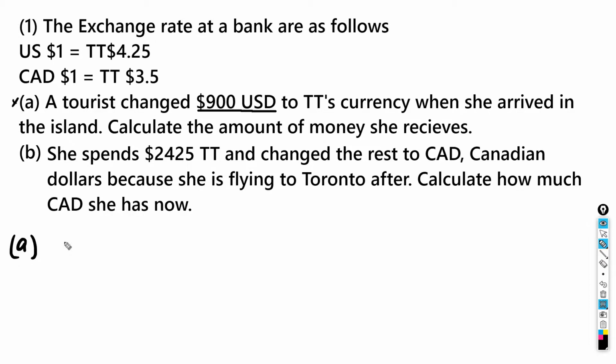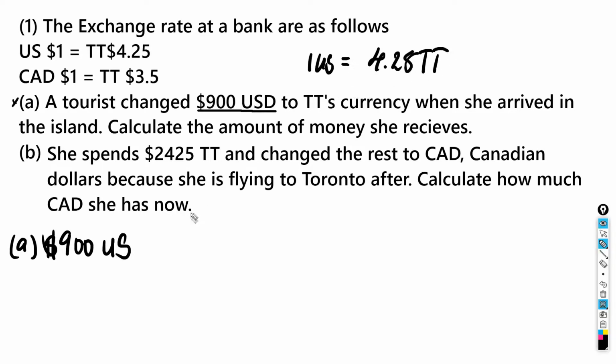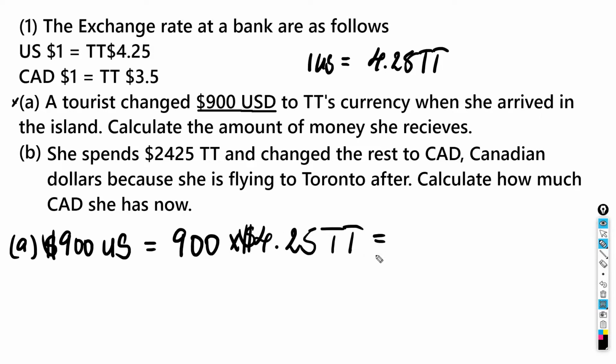So it's 900 US dollars. And we know that 1 US dollar is equal to 4.25 TT, right? So that means 900 US dollars is equal to 900 multiplied by 4.25 TT, which is equal to, let's multiply that.